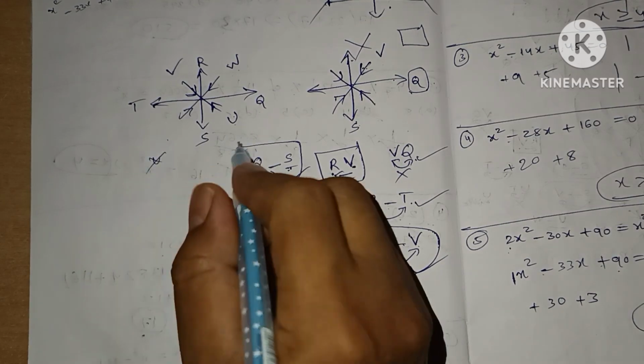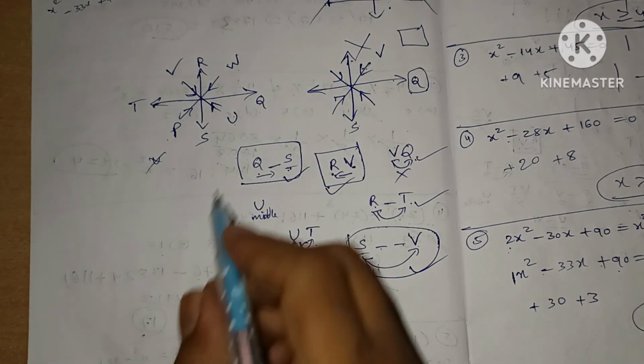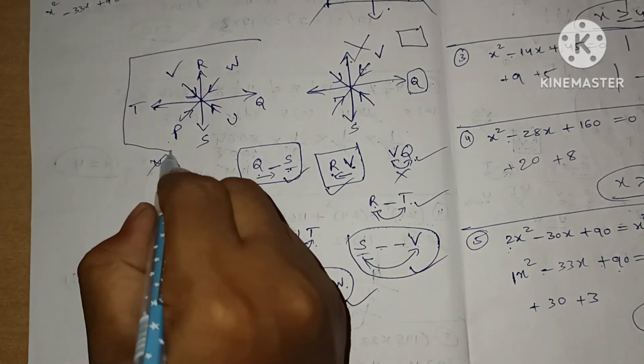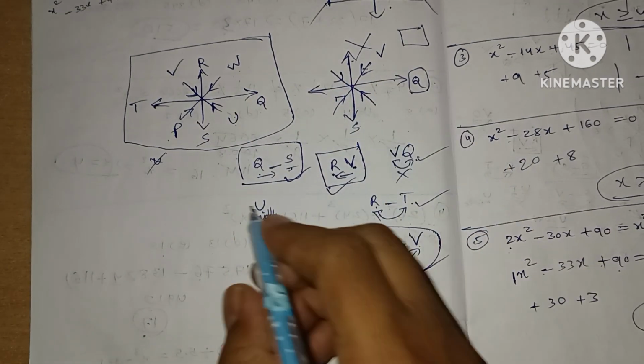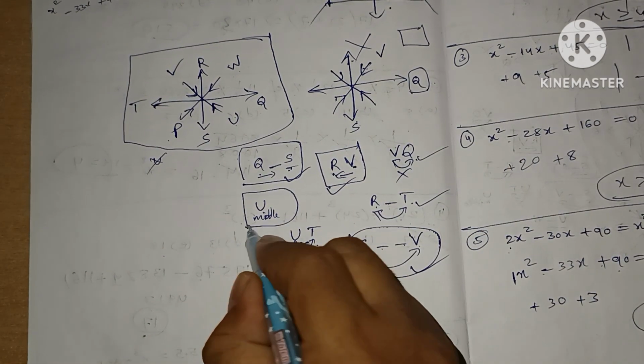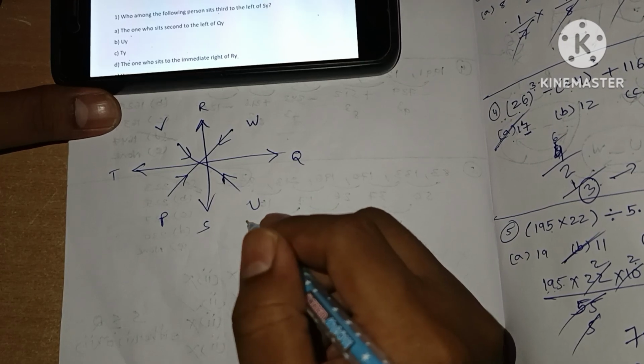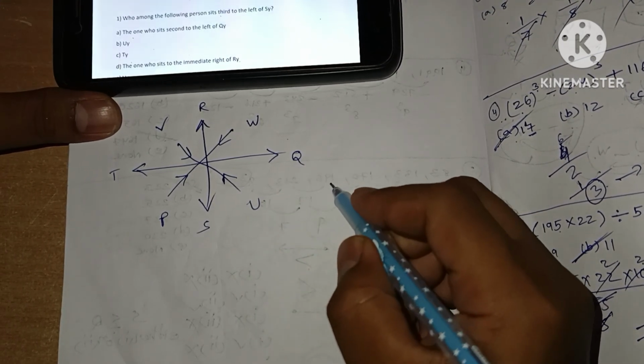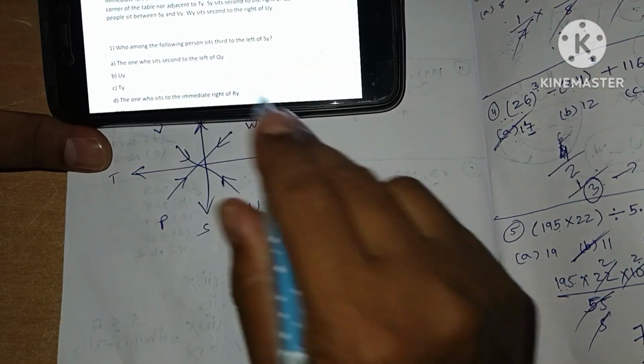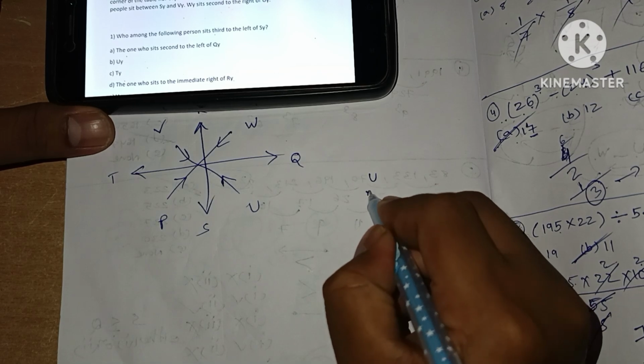Now we are left only with P. We have got our solution, but one statement is missing, which is U sits in the middle. So this is the sequence we got from our puzzle, but there is a statement in our question that U sits in the middle.